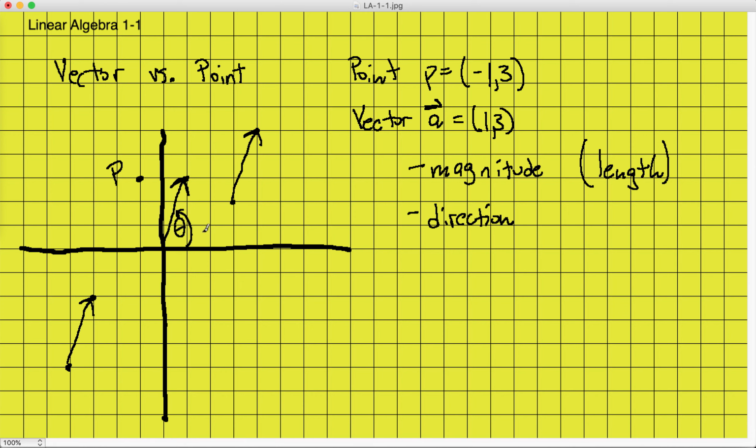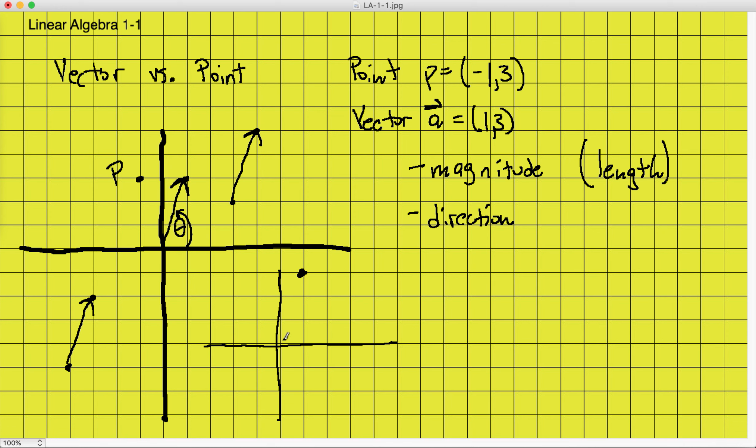So let's talk a little bit more about properties of vectors. First of all, how do we find the length of a vector? Suppose I look at this vector right over here, and I'm going to make another drawing of it here on the axes. Remember, I came over 1 and I went up 3.